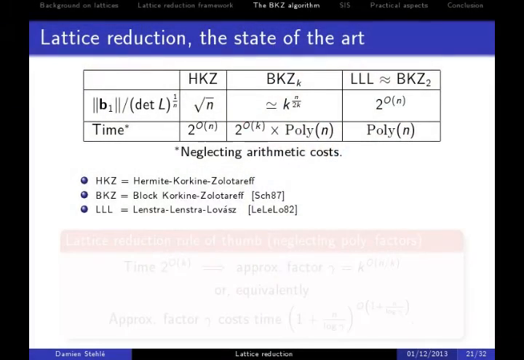So you pay HKZ in block size k, so 2 to the k, but the rest is polynomial. And what you get as an approximation factor is k to the big O of n over k. And finally, you have LLL, which is essentially BKZ for block size 2. And then you get an exponential approximation factor, but what you pay is only polynomial.